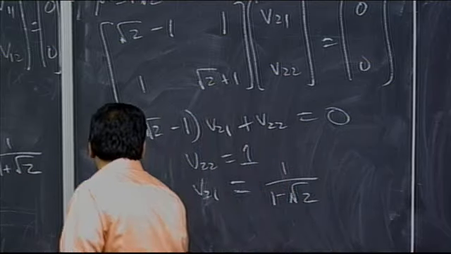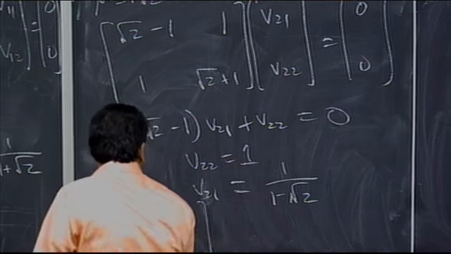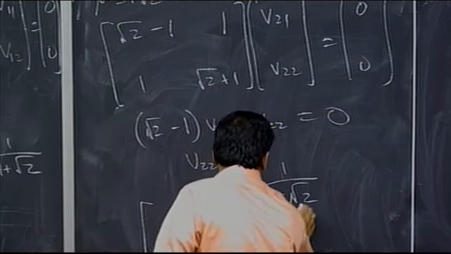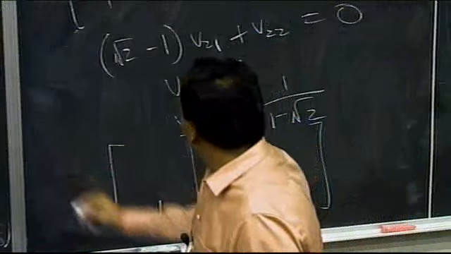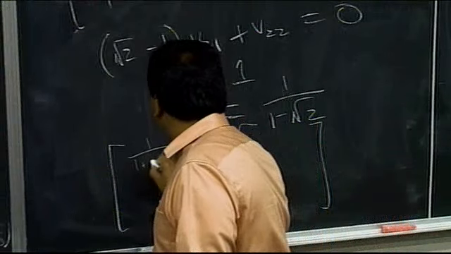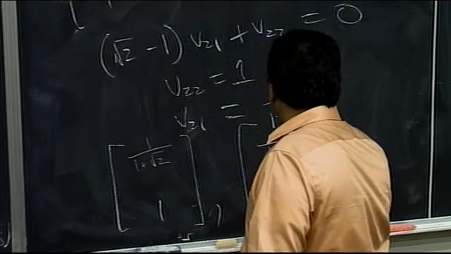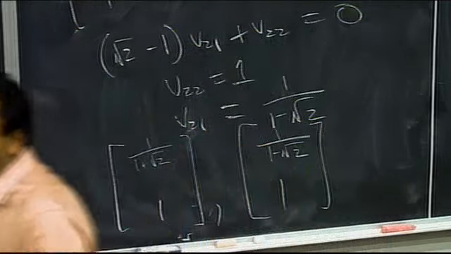So my eigenvectors are these. I set these to 1, and I get 1 over 1 plus the square root of 2 and 1 over 1 minus the square root of 2. You can simplify those if you want to. It doesn't really matter.